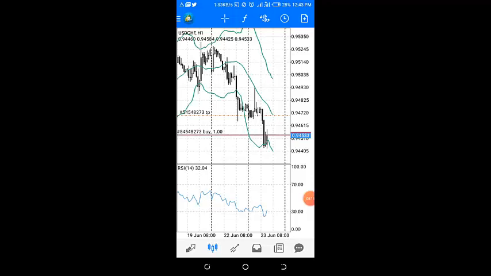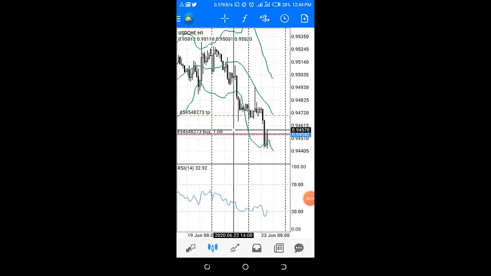Now again, if you want to sell on the same currency, you don't just sell, you have to analyze. You have to make sure that this candle has gone to the top Bollinger Band. You see where we have the green line. Let me use my pen here.